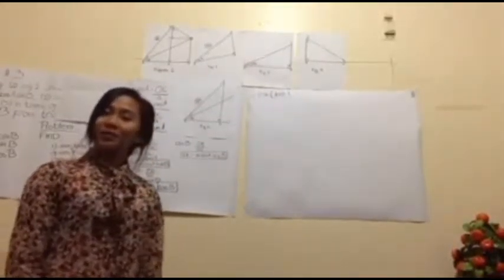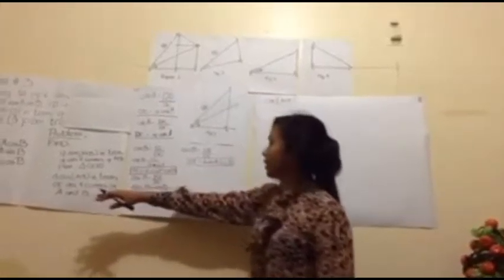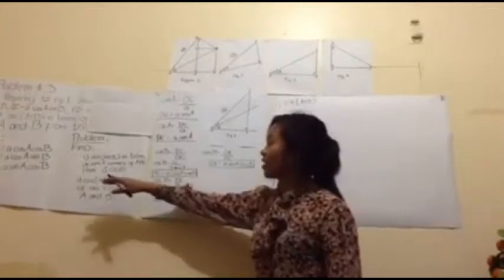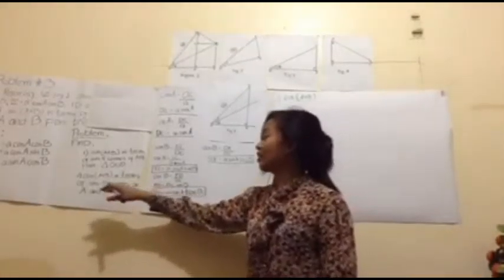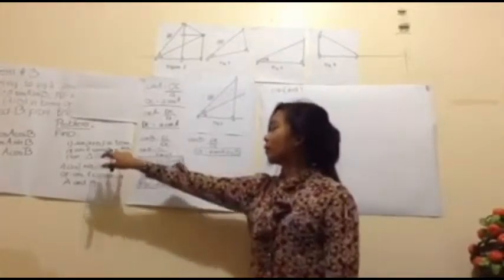Now, we will proceed with problem number 2. Problem number 2 here says that we will find cosine A plus B in terms of sines and cosines of angles A and B in the same triangle, which is triangle ODG.